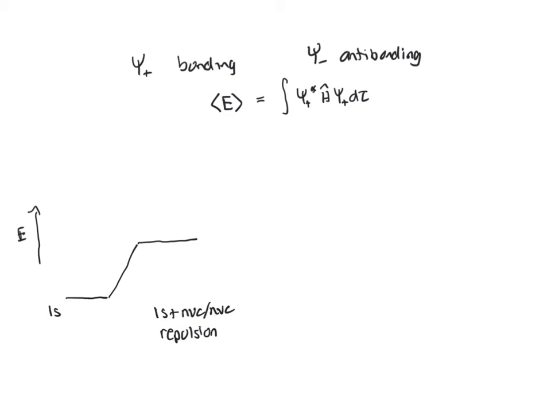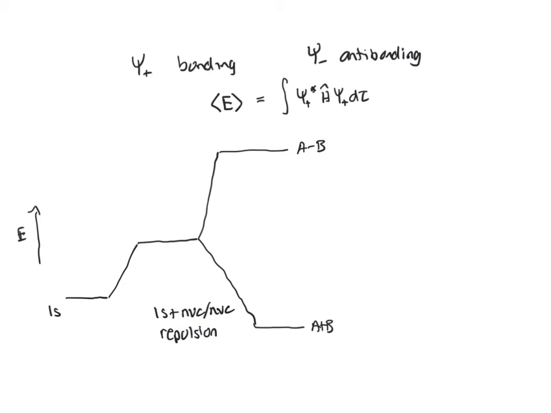And we know that attractive energies lower the energy of the system. And so when we're looking at our A plus B, it's going to be lower in energy because of attraction of the electron to the two nuclei. And the A minus B is going to go up in energy because it has less attraction.